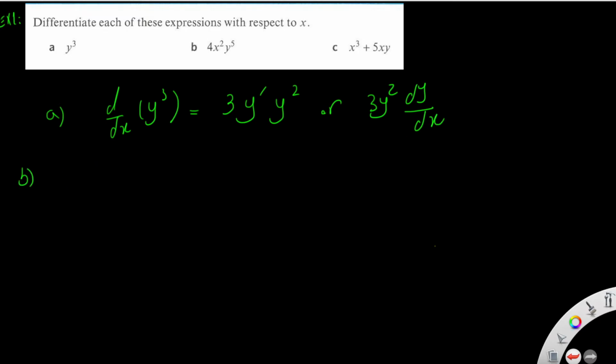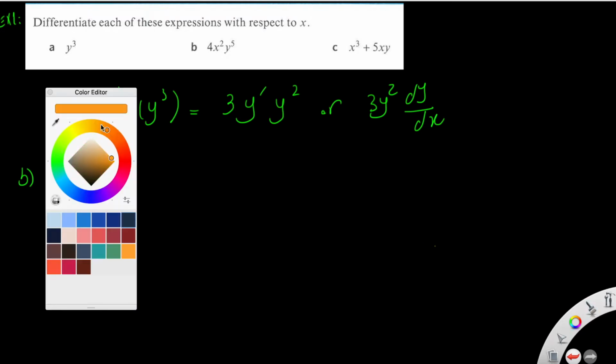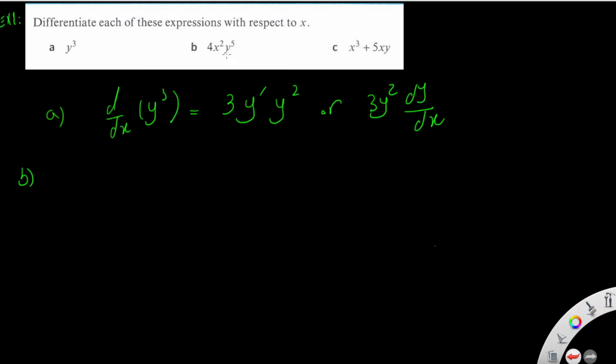Now for part B, for 4x squared y to the power of 5. Now here product rule must be implemented, because you have two expressions. So if you want to differentiate d dx for 4x squared y to the power of 5, if you remember, product rule says differentiation of the first function times the second function plus differentiation of the second times the first one.